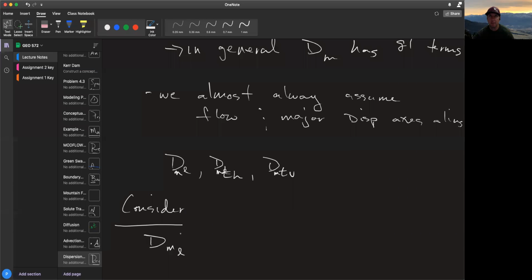And that makes sense: the faster you're going, the more spread you might expect. The faster the mean velocity is, you know that the lowest velocity is going to be 0, and so you're going to have a higher standard deviation in velocity. So we're going to say it's proportional to the average velocity in the longitudinal direction.